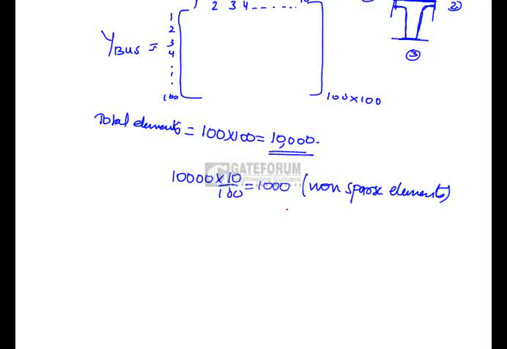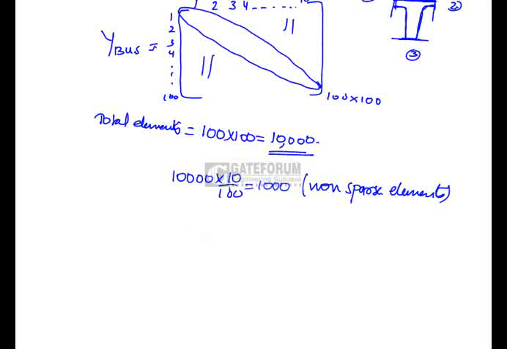Now, how many self-admittance elements are there? All diagonal elements are called self-admittance. The remaining, the lower and upper triangle, are called mutual admittance values. So how many are there?